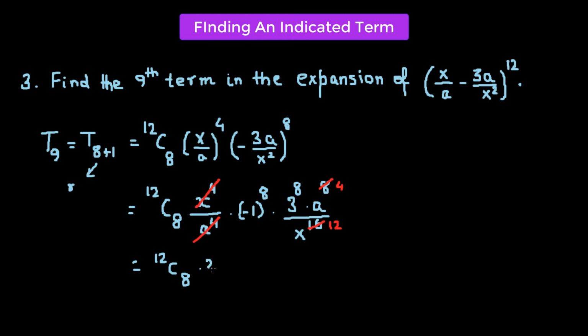And we have 3 raised to the power of 8 times a raised to the power of 4 divided by x raised to the power of 12. So you can go ahead and find the value of 12C8 and 3 raised to the power of 8. That's going to be a very huge value. I'm skipping it here. So this is our 9th term in the expansion. Let's go to the next question.